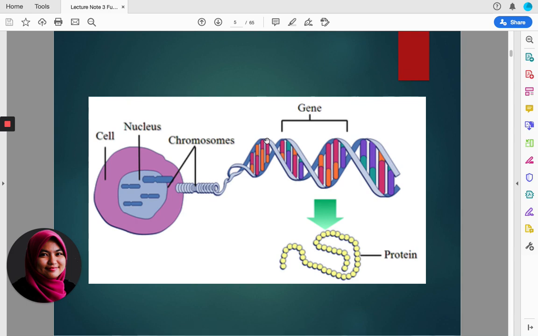Within the DNA, they have what we call genes, with the A, C, T, and G codons. All these genes can be functional and express, that is code for protein, and some are not.